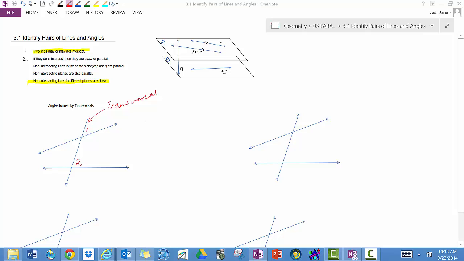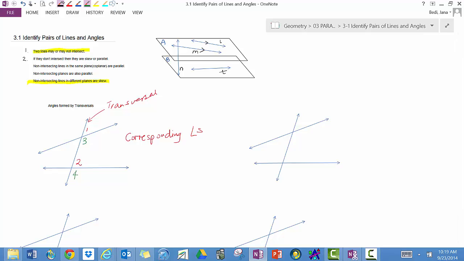So this is an example of corresponding angles. In fact, there are other pairs here that are corresponding. So 3 corresponds to 4 because they're on the same side of the transversal and they're both below the two lines.